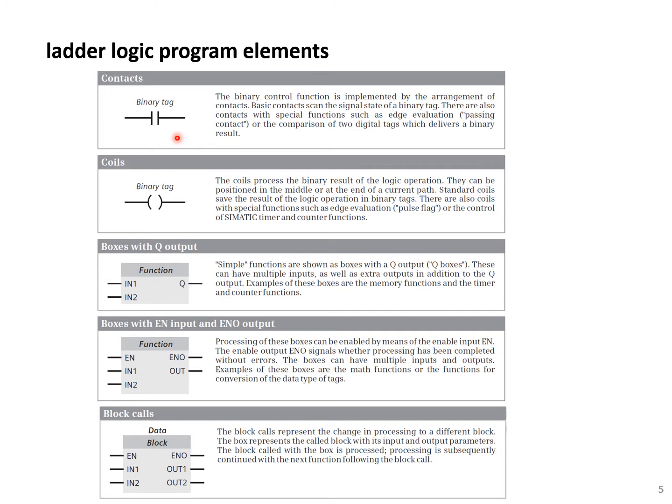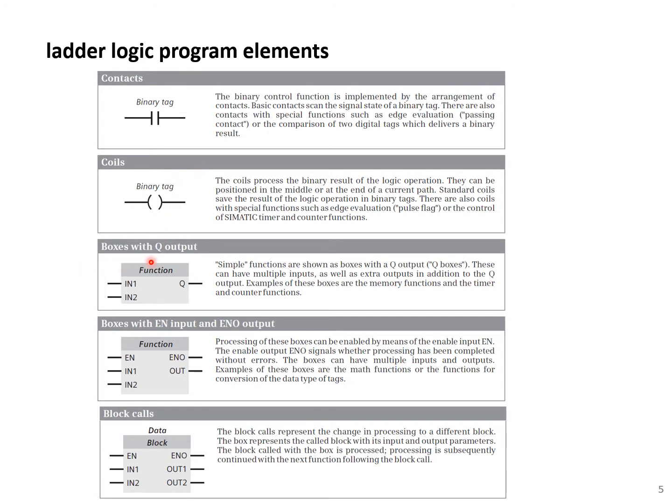For example, you have a switch or a sensor, and all this information is in the form of contacts in your logic programming. Then you have some outputs, and usually those outputs are in the form of coils. For example, you have a motor or a pilot light.